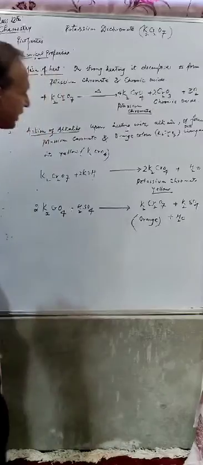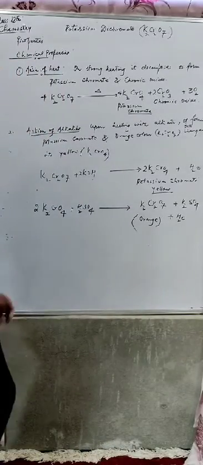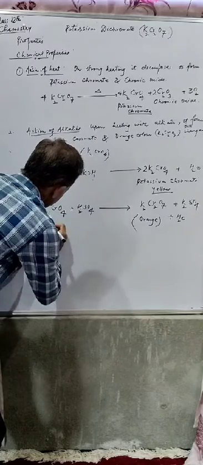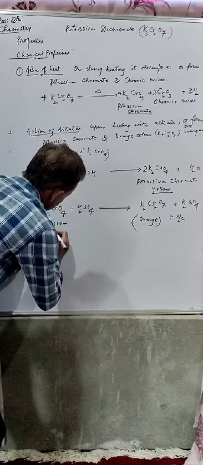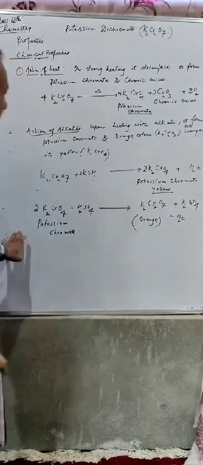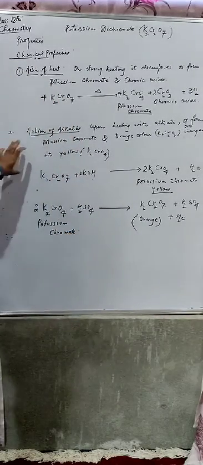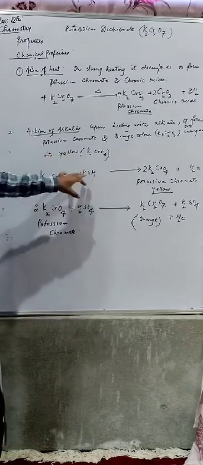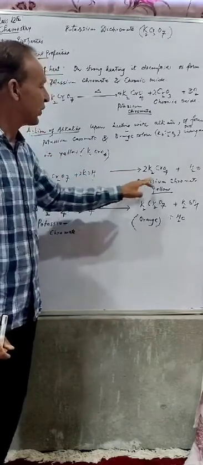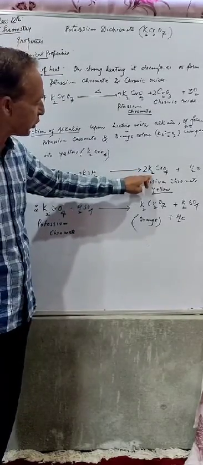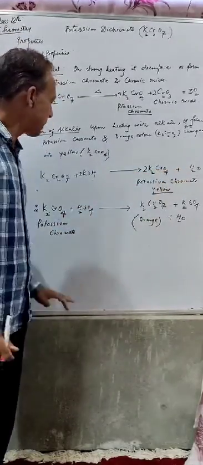So the orange color of potassium dichromate is again formed when this potassium chromate is acidified. Again we will discuss the reaction. When we heat potassium dichromate with an alkali, it gets changed into potassium chromate and water is liberated.